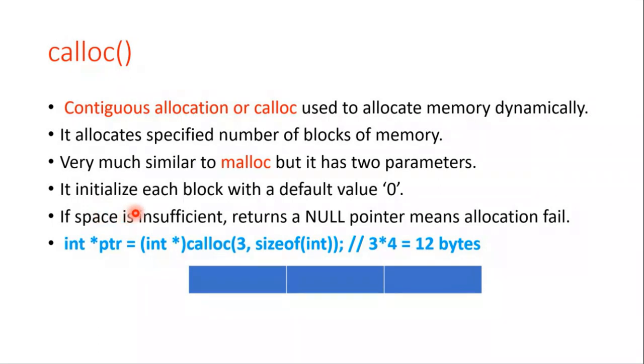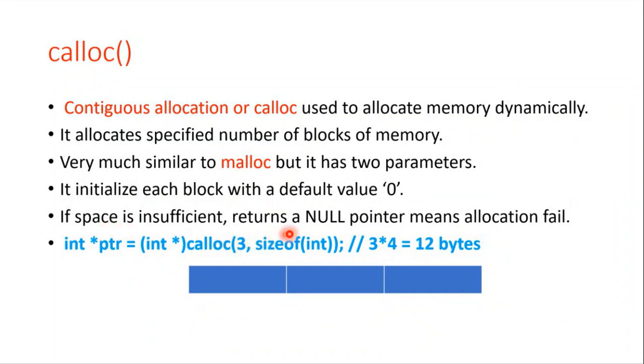And it initializes each block with a default value of 0. Guys, malloc gives a default garbage value, some garbage value, but calloc initializes each block with a default value of 0.